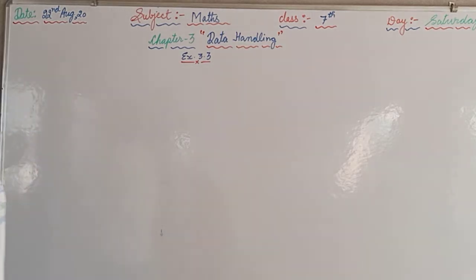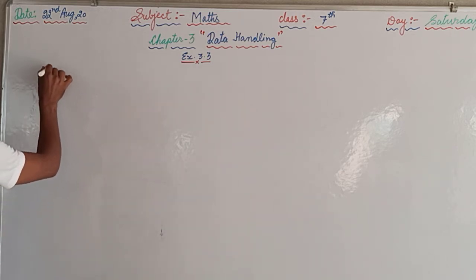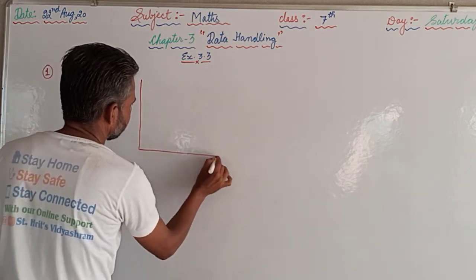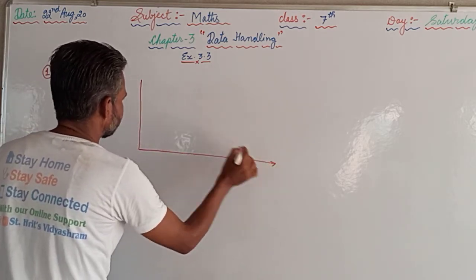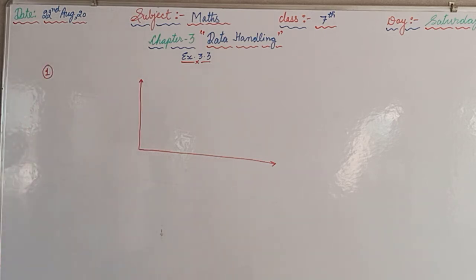Question number 1. In question number 1, a bar graph is there. Two, 4, 6, 8.